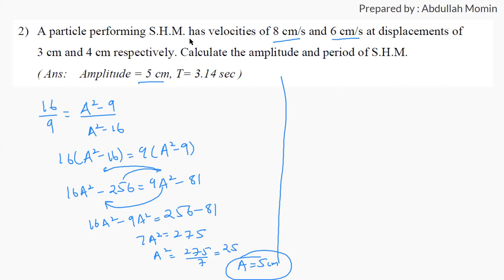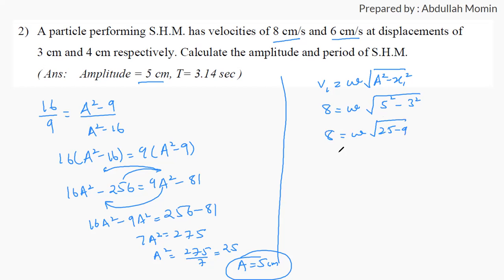So we have the equation V1 is equal to omega root A square minus X1 square. So V1 is 8, omega root of 5 square minus 3 square. So omega root of 25 minus 9, that is 16.